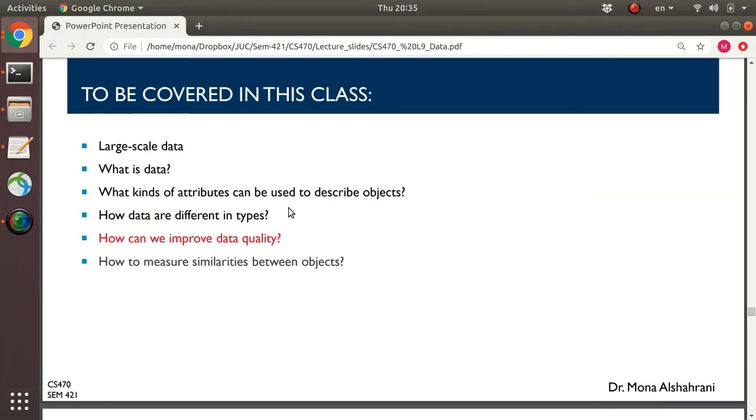So now that we have studied what data is, what kinds of attributes can be used to describe data objects, and how data are different in types, it's time to see if we can use the raw data directly, or if it is necessary to improve the data quality.